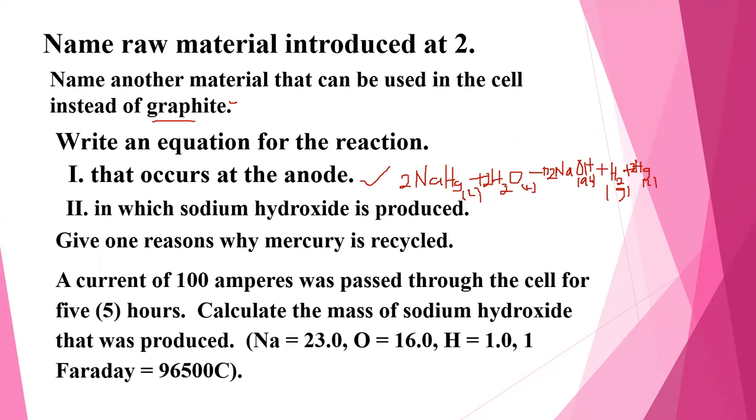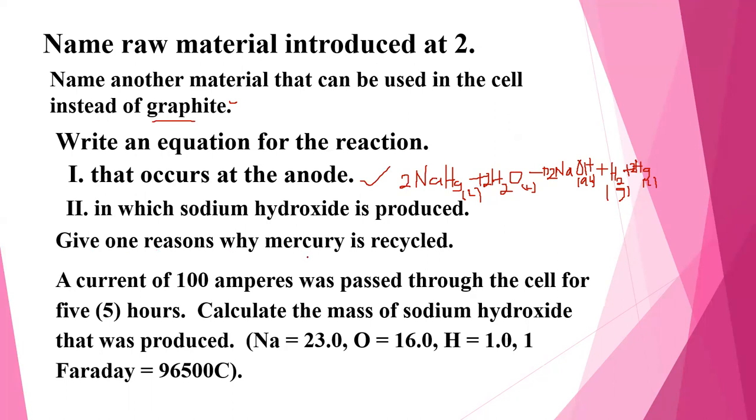So now we'll have 6 hydrogens. We have 4 hydrogen here already. Then I think it is now balanced. Like that, it is now balanced.